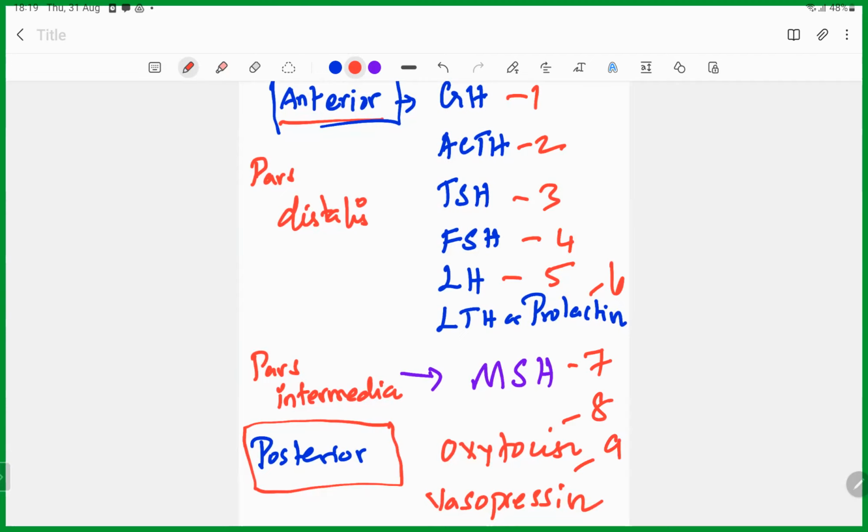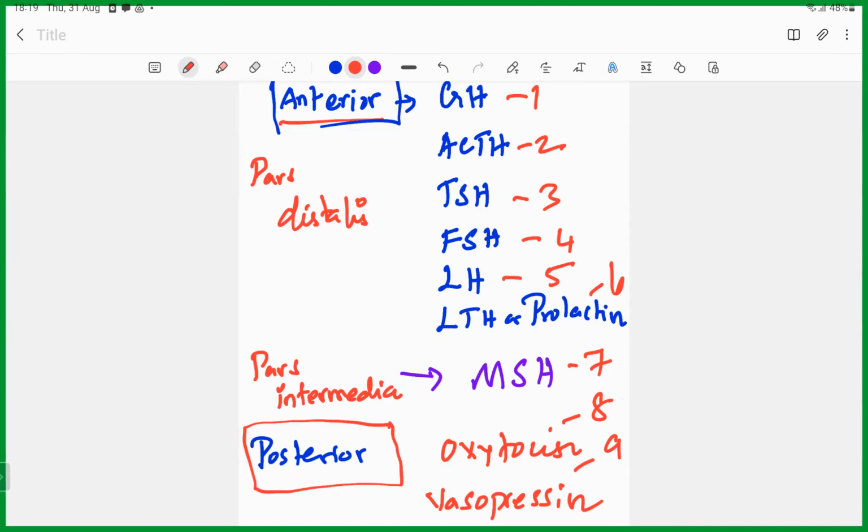There are 9 hormones specific for the pituitary. Listen, the hypothalamus produces growth hormone releasing hormone and growth hormone inhibiting hormone. Like that, for all of these hormones, the hypothalamus produces releasing hormone and inhibiting hormone. Keep that in mind.